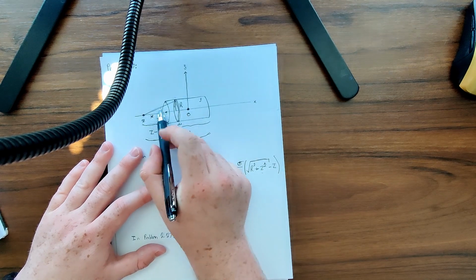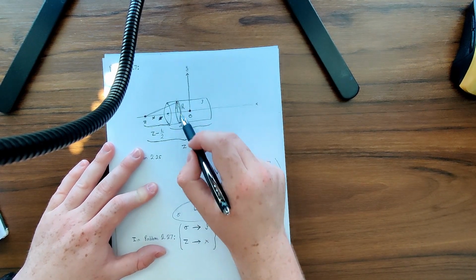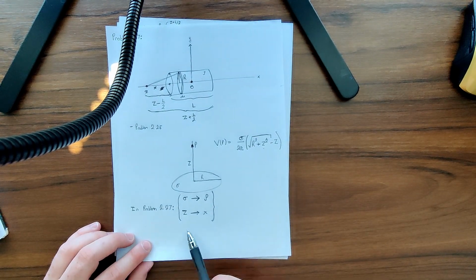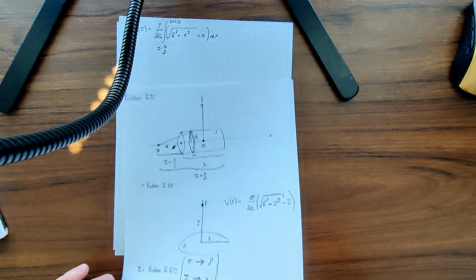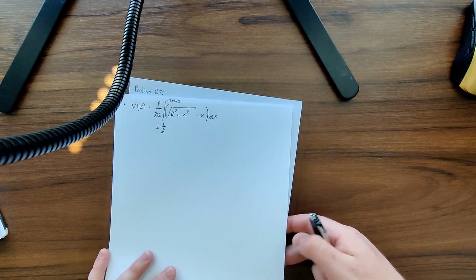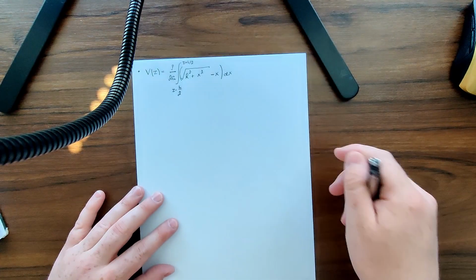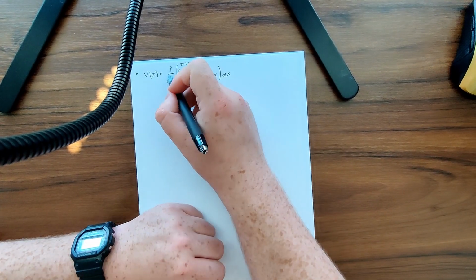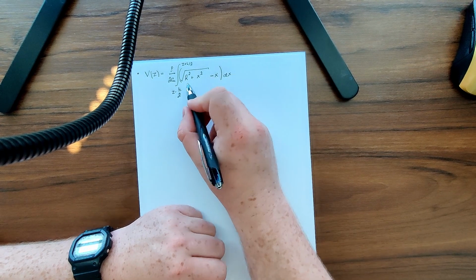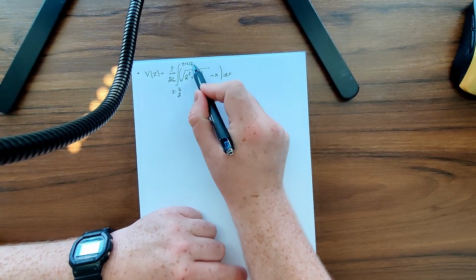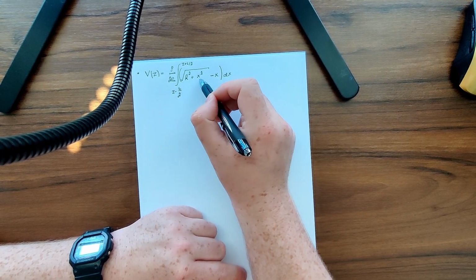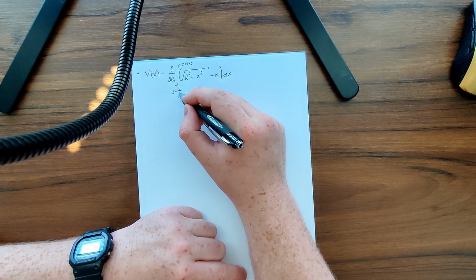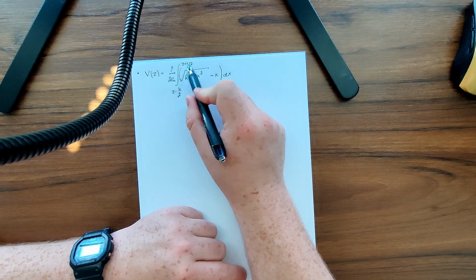However, we need to integrate across the length of the whole cylinder, each contribution from every disk. And I've illustrated that change of variables here. So really what we're doing is this. The potential at that point z is rho over 2 epsilon naught instead of sigma, and we're integrating this term, where I just replaced z with x, from z minus L over 2 to z plus L over 2.